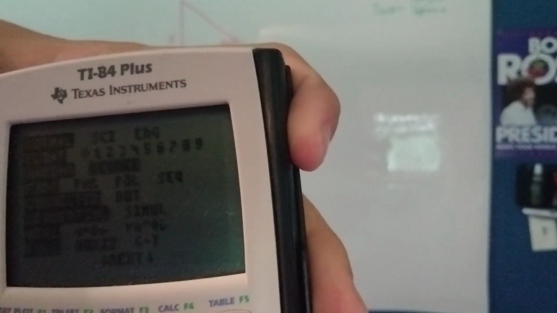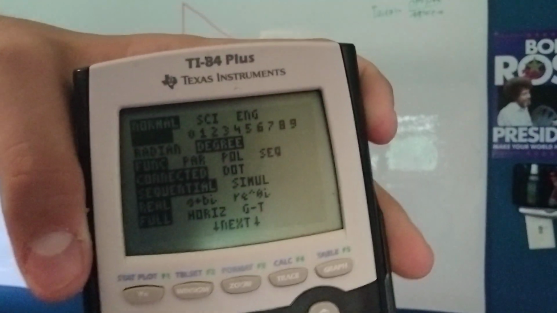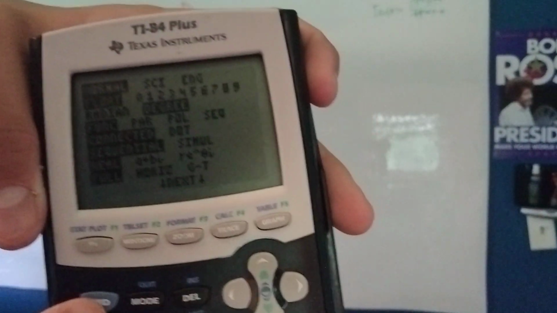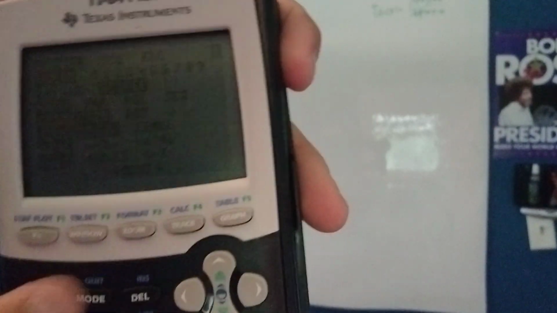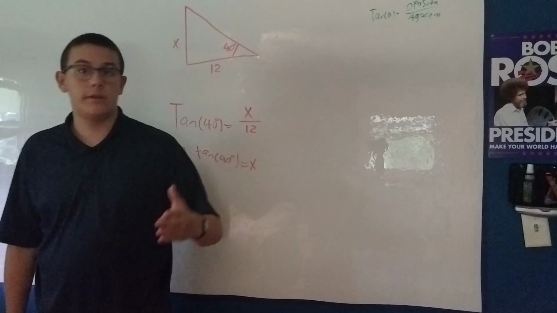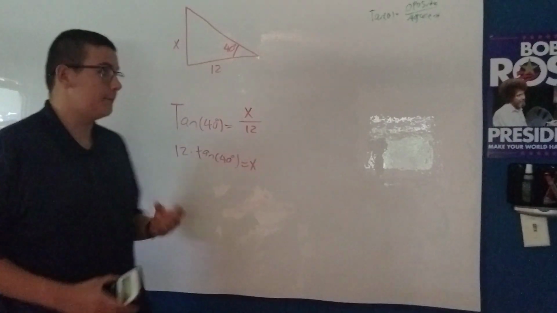But if yours is in radian, you want to scroll over to highlight the degree, press enter, and it'll move it over. Then press second, and then mode again, and you're back to your home screen. It will then do everything in degrees instead of radian.